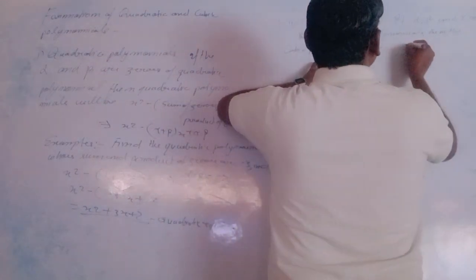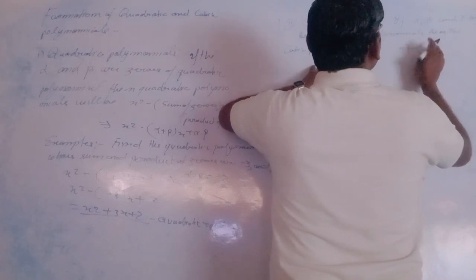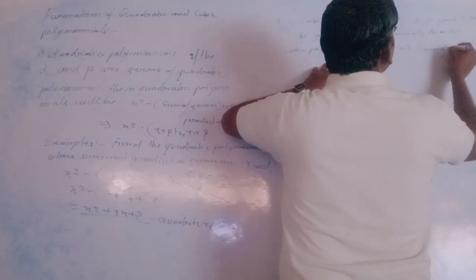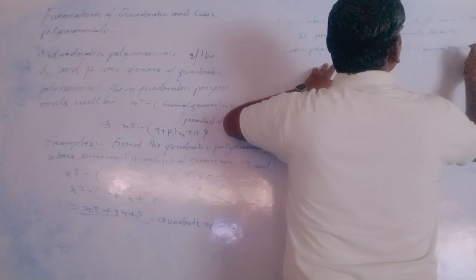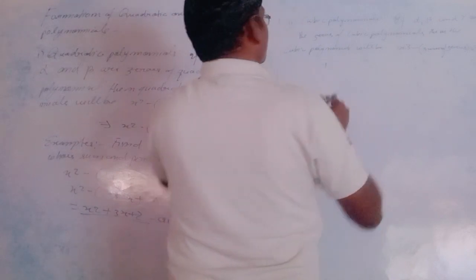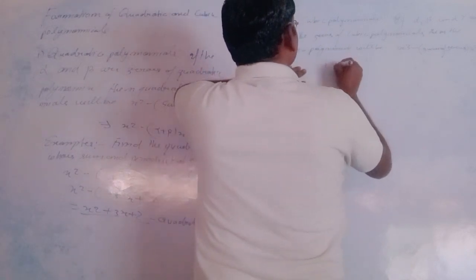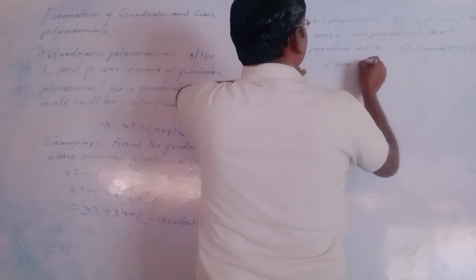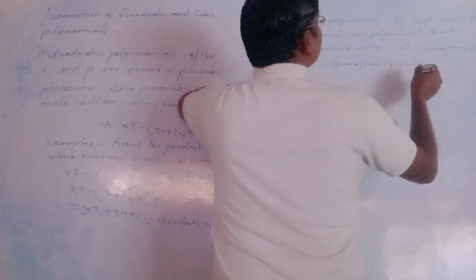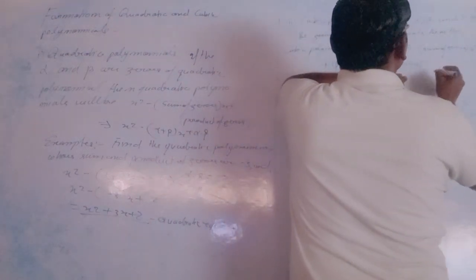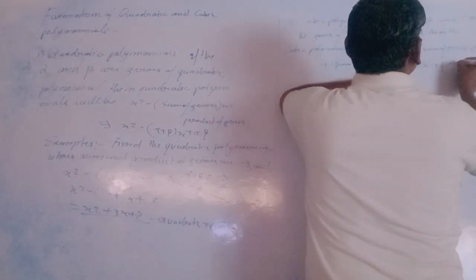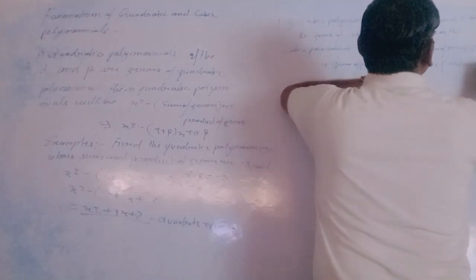x cube minus sum of zeros into x square plus sum of the product of zeros into x minus product of zeros.